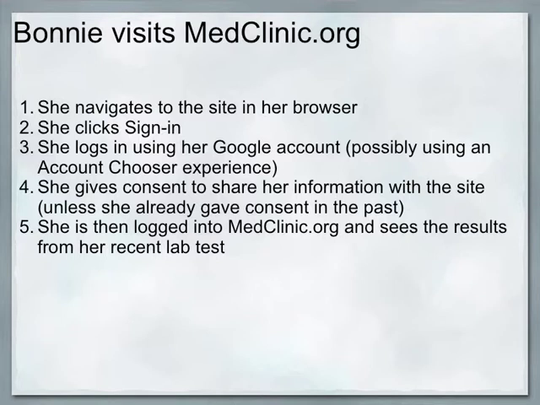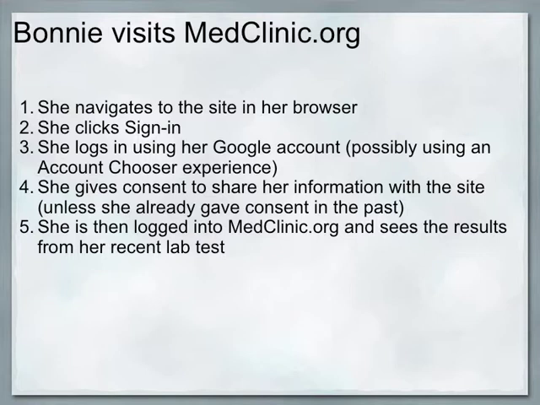Imagine that Bonnie then in her browser, she goes and visits some website that wants to strongly authenticate her or knows she's been strongly authenticated, goes to the site, clicks sign in. She's at an account chooser, quite possibly, chooses your account that might be over at Google.